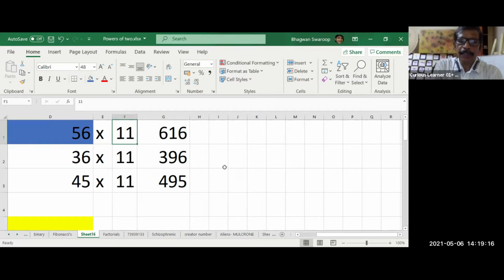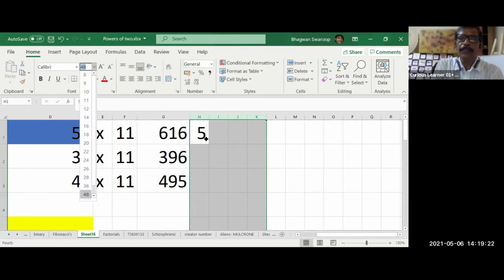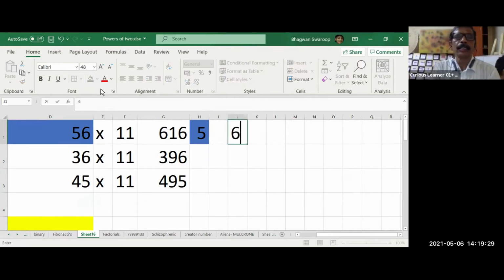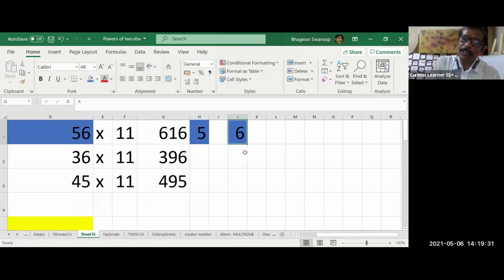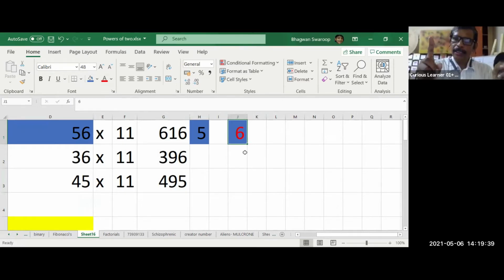Take 5. Write 5. And out of 56, write 6 here. Okay? Now what we were supposed to do? 5 and 6 add, and insert in between, right? 5 plus 6 is 11 now.